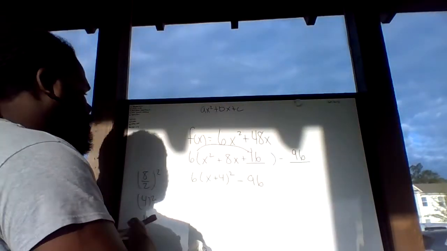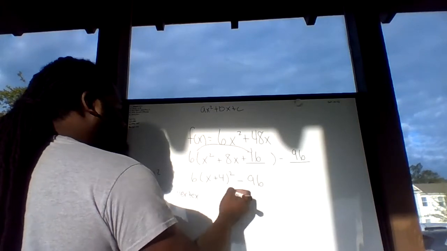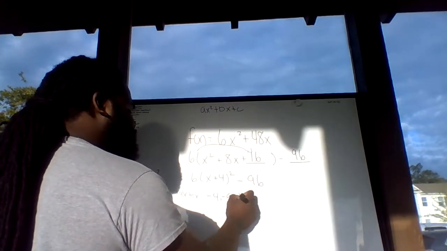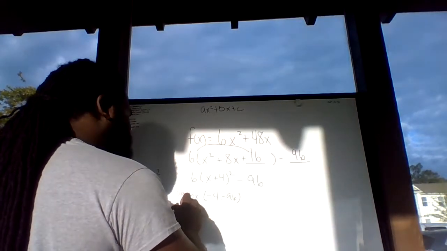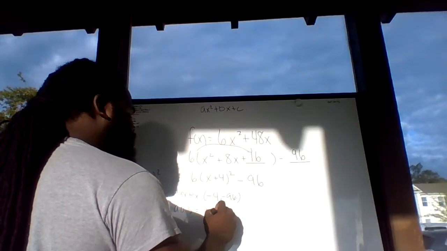All right, now it's already in vertex form. So now I can write the characteristics of my parabola. My vertex is (-4, -96). My axis of symmetry is going to be x equals -4.